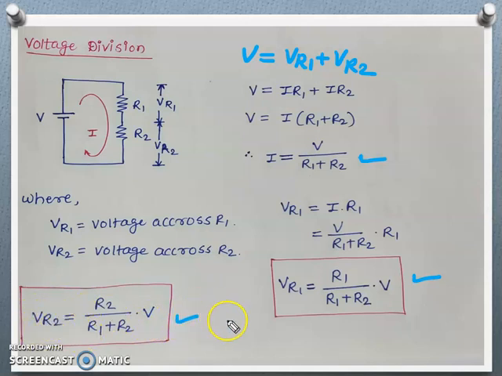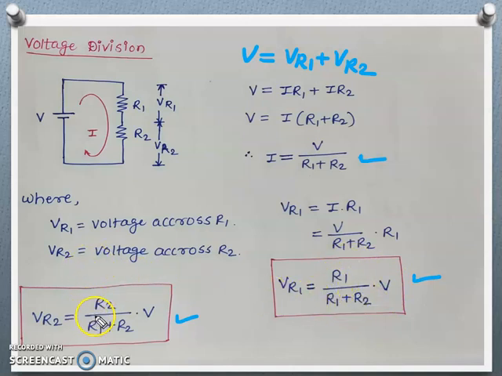Okay, so how will we remember this? If we want to calculate the voltage across a component, suppose R1, then VR1 equals the same resistance R1 divided by the sum of resistances into total voltage. Okay, this will be the formula.